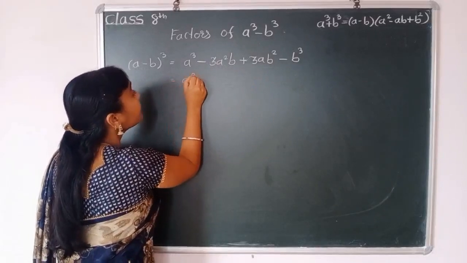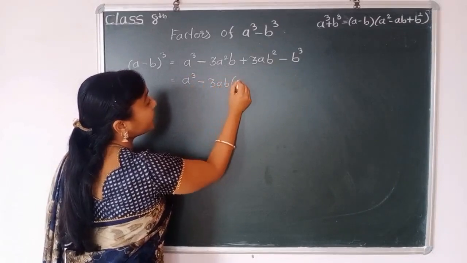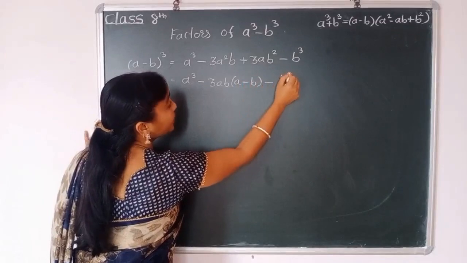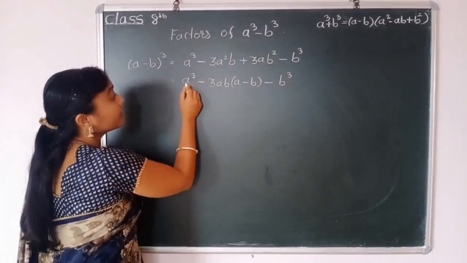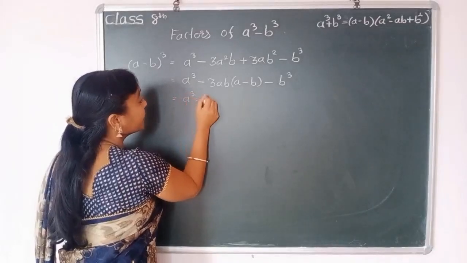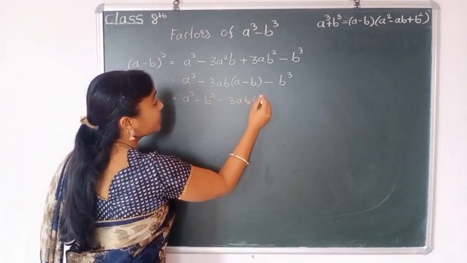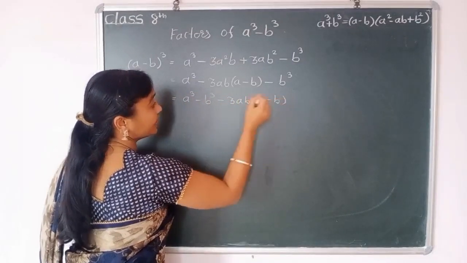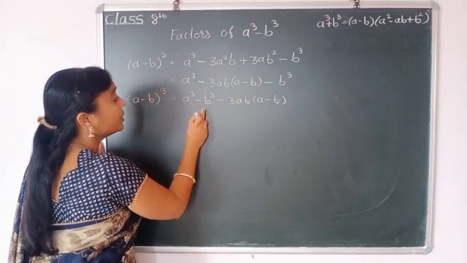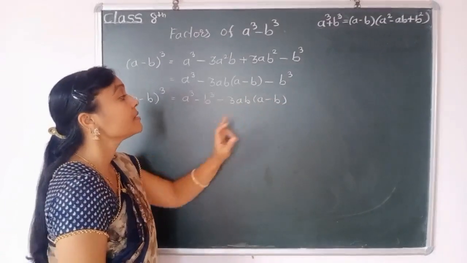Then we get a cube minus b cube minus thrice ab in the bracket (a minus b). Then we get the formula (a minus b) whole cube equals a cube minus b cube minus thrice ab in the bracket (a minus b).